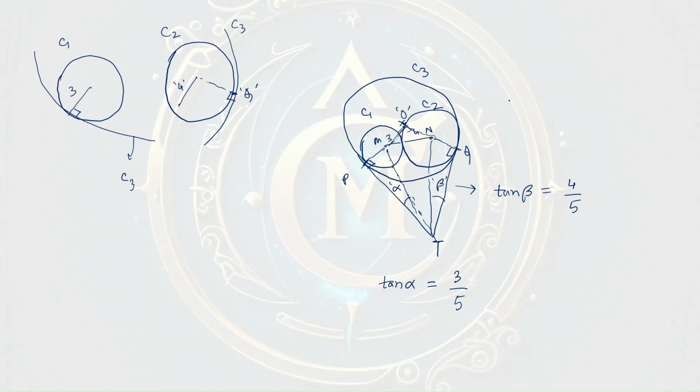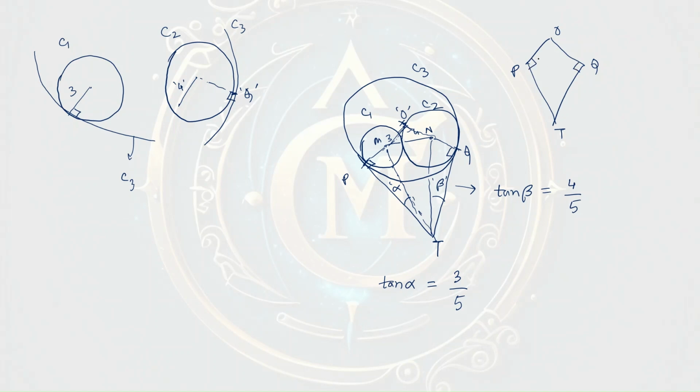That means here if we look at the quadrilateral POQT, this is the point T, this is P, this is O, this is Q. So here is 90 degree, 90 degree.